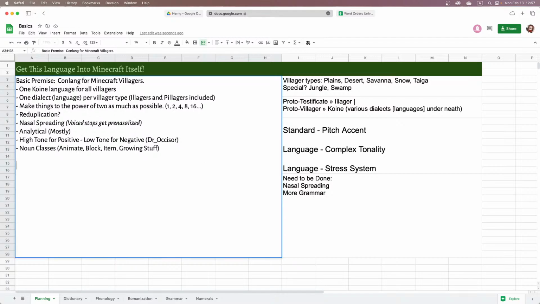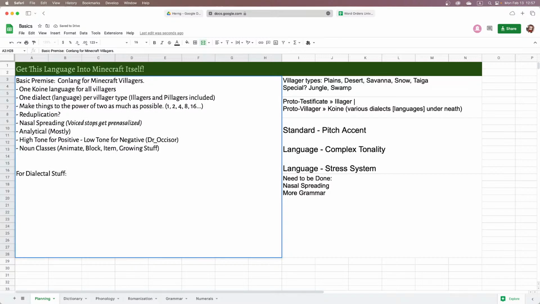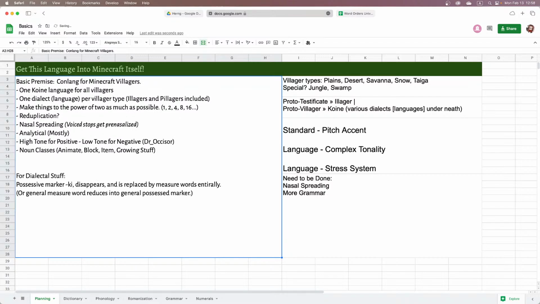For dialectal stuff. Or we could have general measure word reduces into general possessed marker.